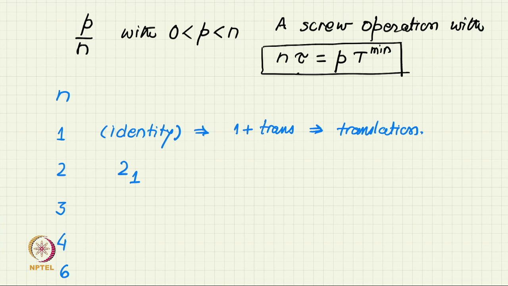So this is designated as NP screw. So for two-fold, the only value possible for P between 0 and less than 2 is 1. So I get one possible screw operation, 2 1.